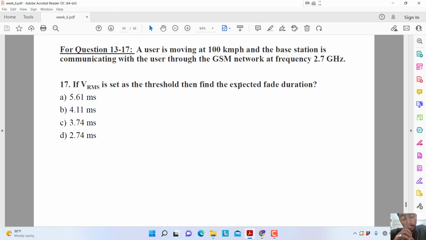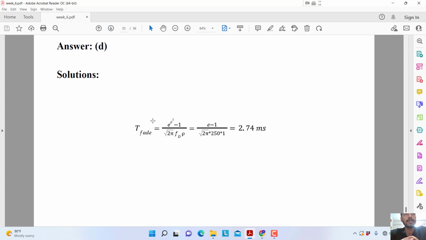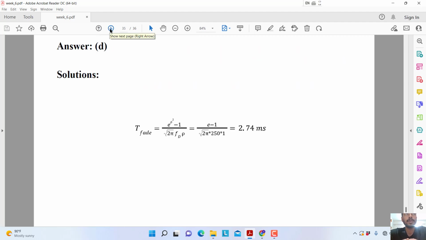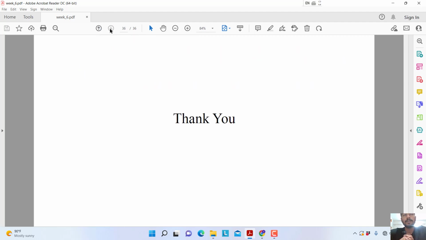In the last question we got 231 after setting VT equal to VRMS. Okay, try this question. So T fade is equal to, for this scenario, (e to the power rho square minus 1) upon 2 pi FD rho. Rho, as in the last question, is 1, and FD is 250. Just put in the values and it comes to 2.74 milliseconds. The answer will be option D. Okay, thank you.